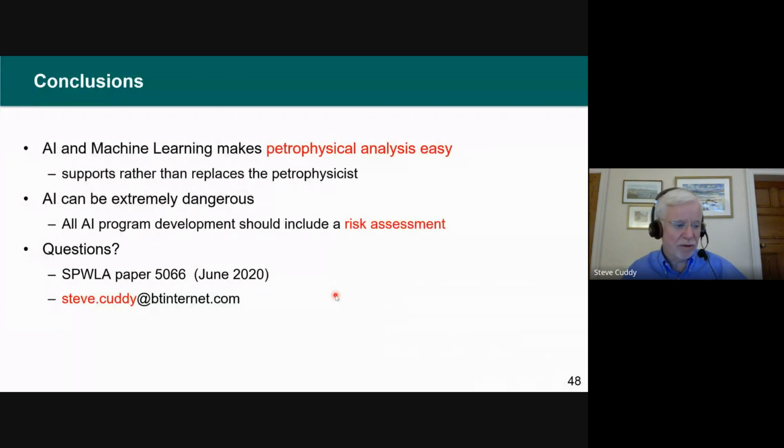So, in conclusion, AI, artificial intelligence, and machine learning potentially make petrophysical analysis easy. Now, it doesn't replace the petrophysicists, it supports them. As I showed you in those five case studies, it's a useful tool.